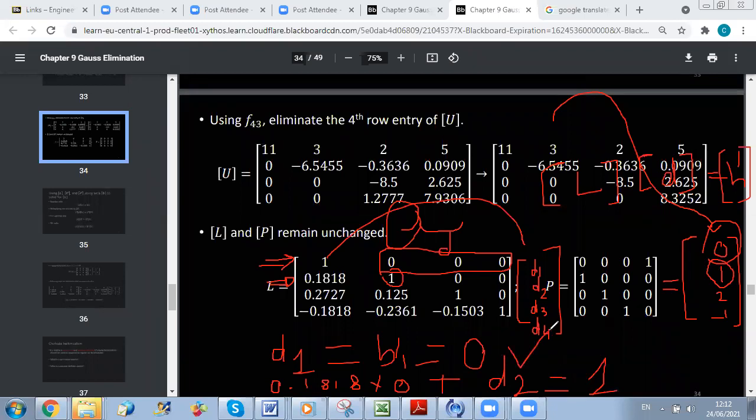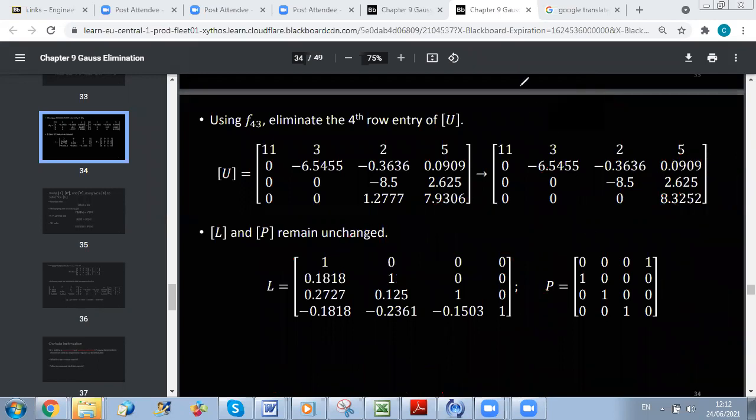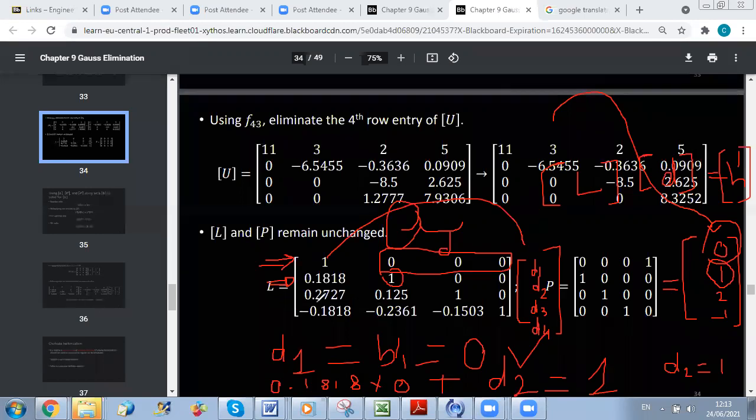So d2 is equal to 1. Now I can calculate the value of d3. I move to the third equation: 0.2727 times d1, but d1 is 0, so I directly replace it with 0, plus 0.125 times d2, and d2 is 1, so I directly replace, plus 1 times d3, so plus d3 equals 2. So now I get the value of d3.